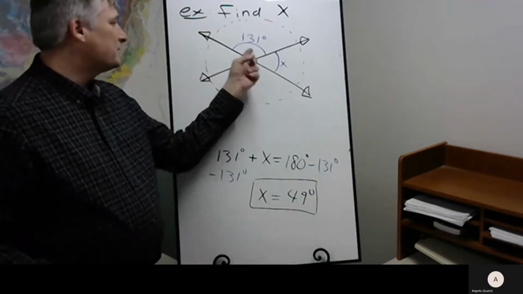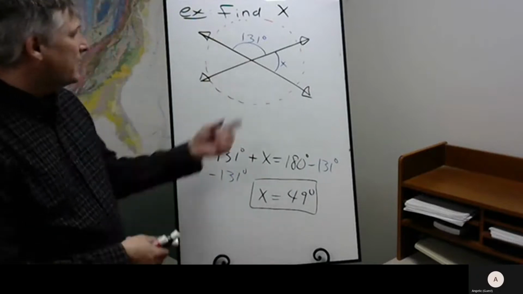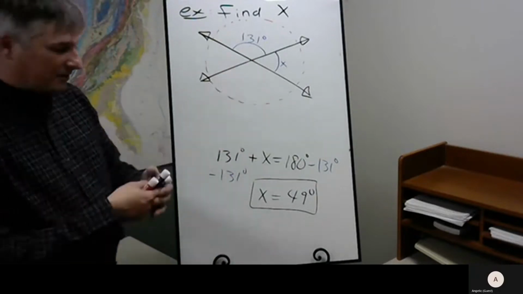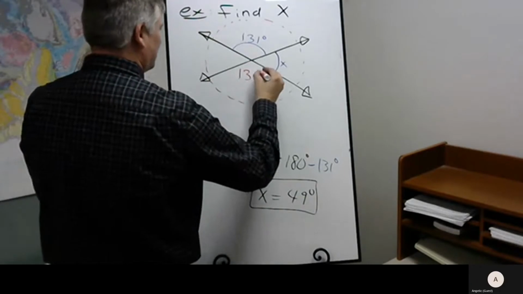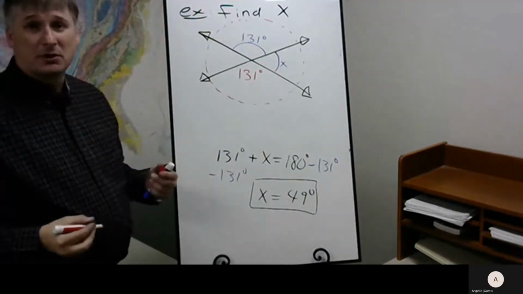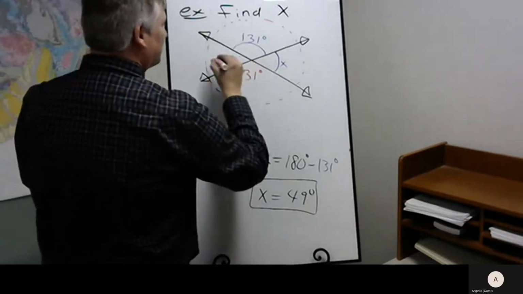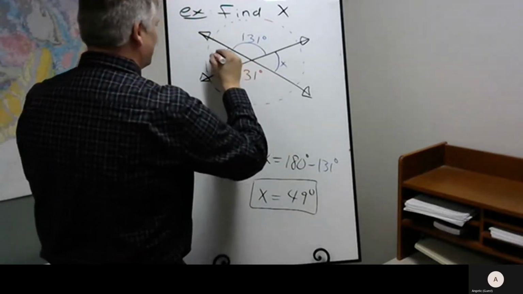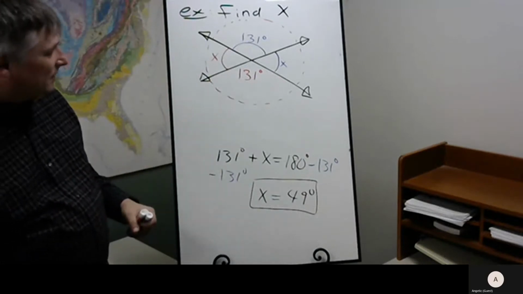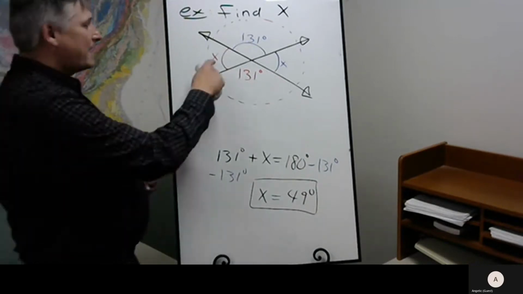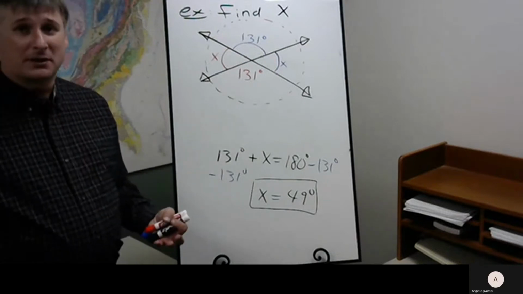Now, if you add up all these angles, they're going to add up to 360 degrees. And because this is vertical to that, this is 131 degrees also. And because this is vertical to this, that's also going to be x. So what we can do, we can add up these four angles. They're going to add up to 360 degrees.